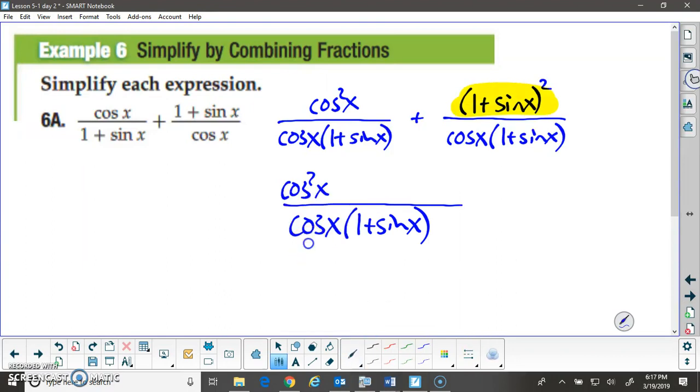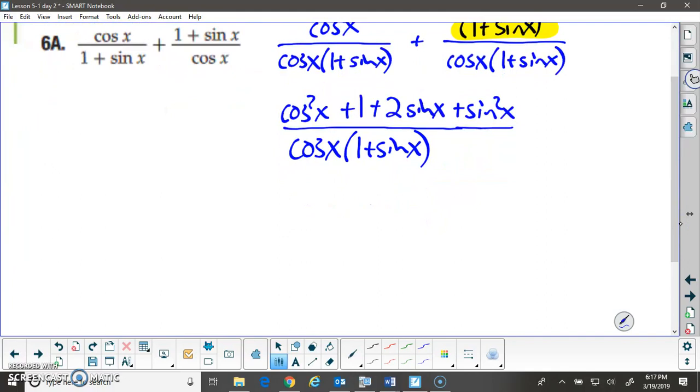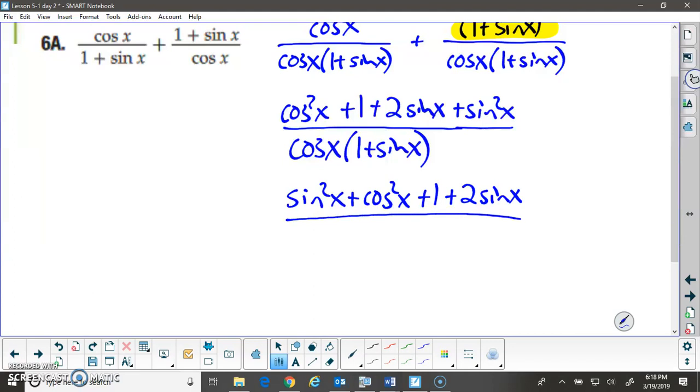So if I FOIL that out, I'm going to get 1 plus 2 sine of x plus sine squared of x. And now I'm going to do a little rearranging in the numerator. If I rewrite this as sine squared plus cosine squared plus 1 plus 2 sine of x, all divided by cosine of x times 1 plus sine of x.